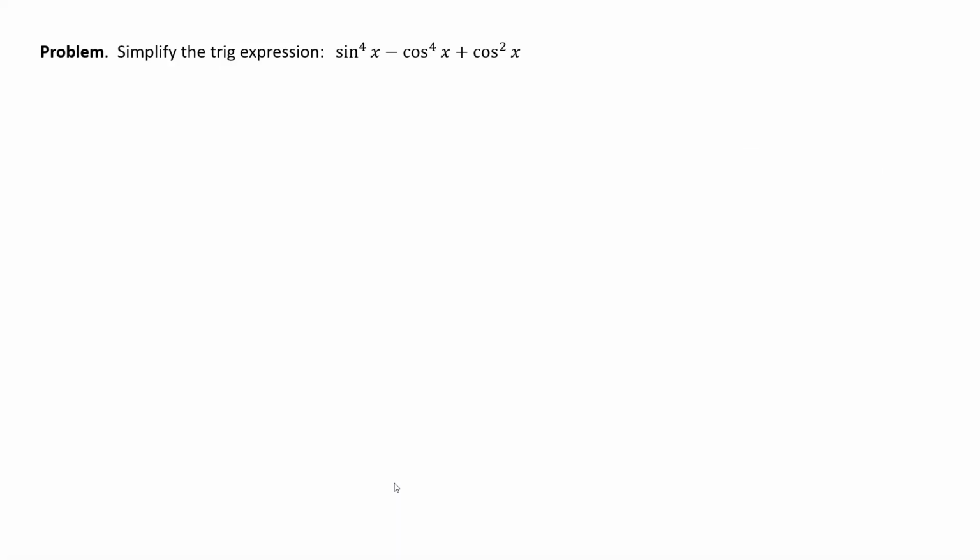Simplify the trig expression. Yikes. Simplify the trig expression: sine to the 4x minus cosine to the 4x plus cosine square x. Let me see. Obviously that's equal to 1 plus sine square x. 1 plus sine square x.